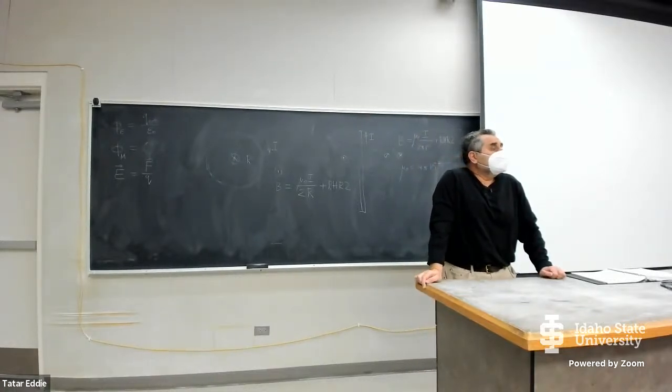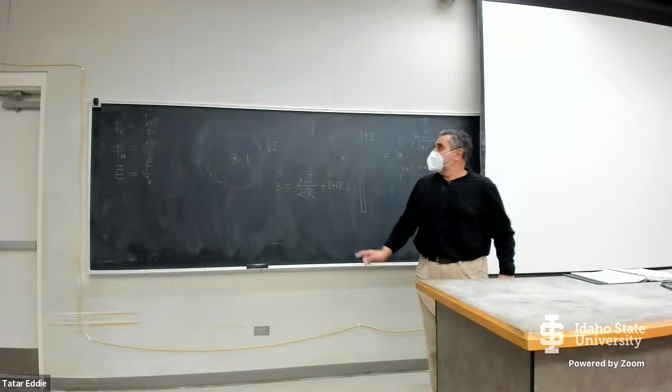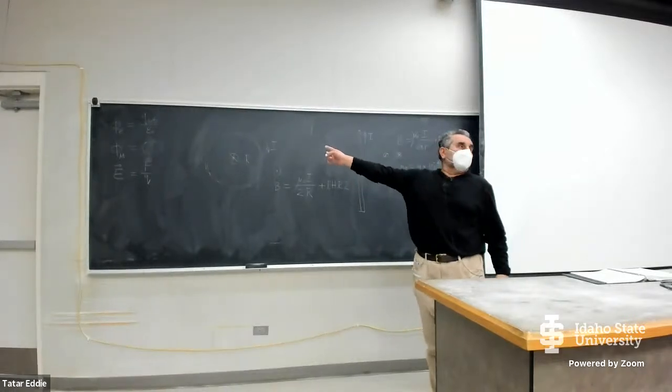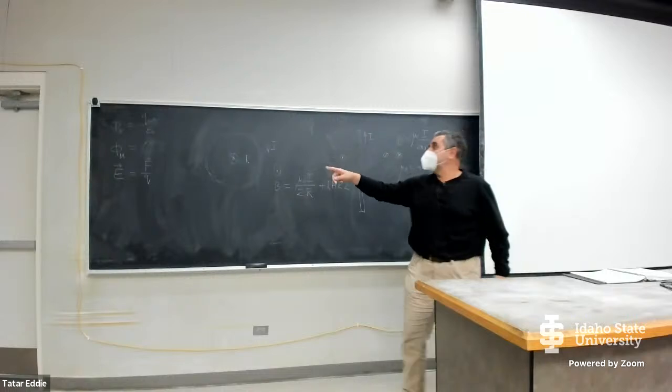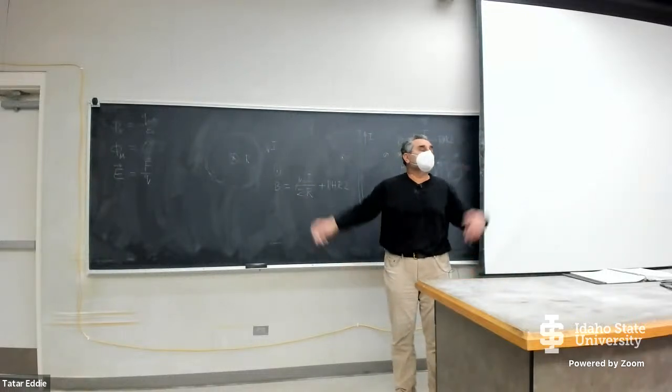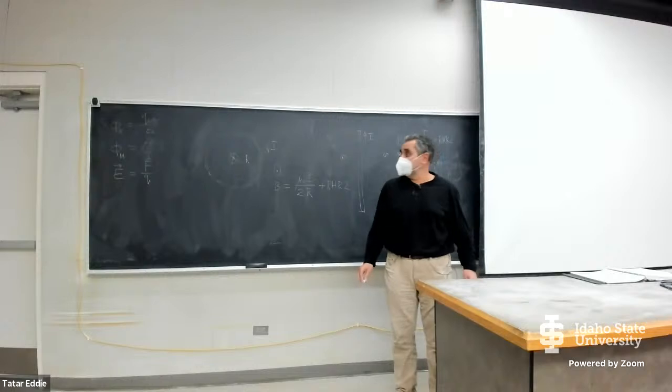So you may say, well, why do we need to write a formula for a magnetic field that has a strength that we can only write for this particular point and not at any other point? In other points, it is a very complicated formula.